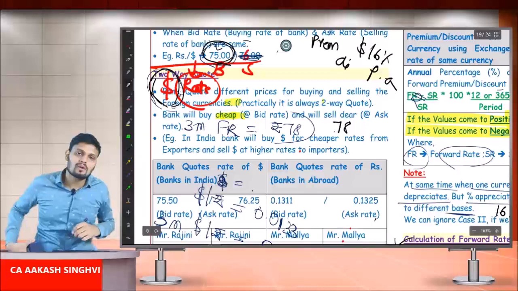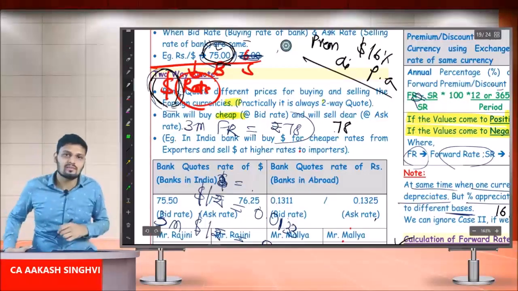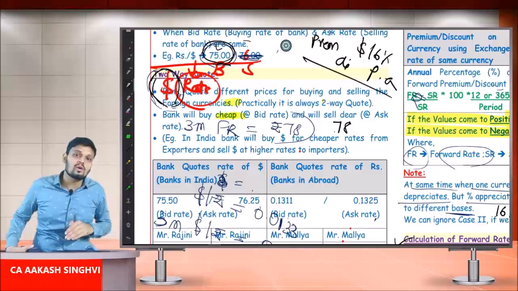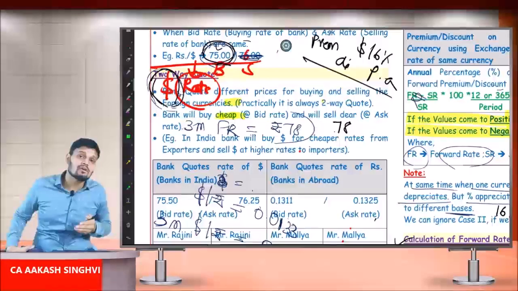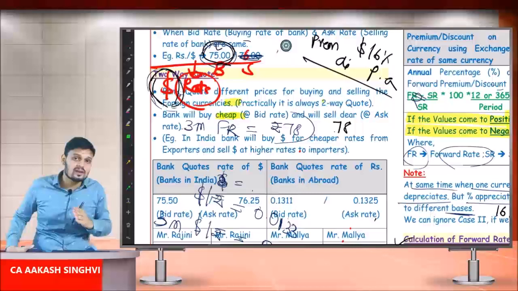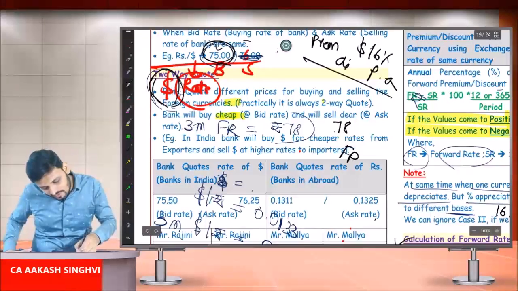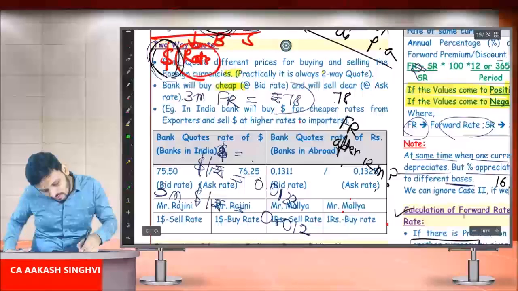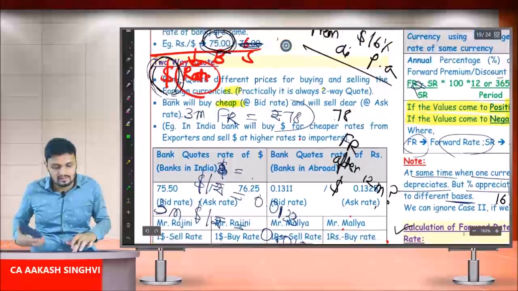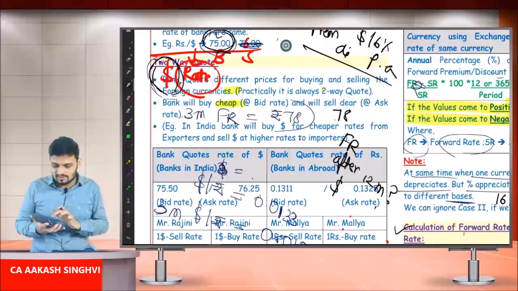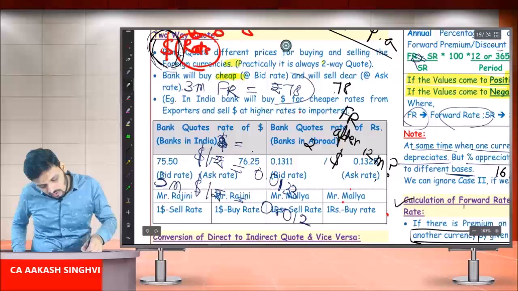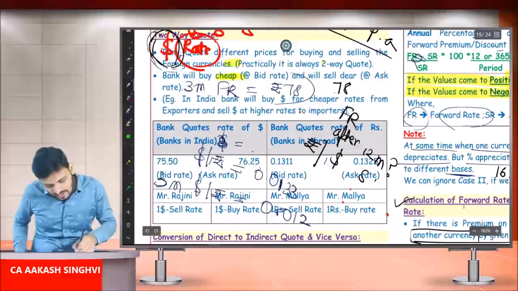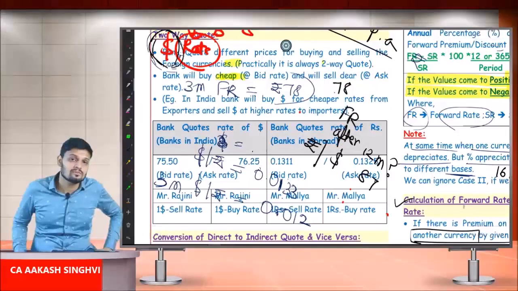That exchange rate of rupee per dollar is 75 and premium on dollar is 16%. These are the only two things they have given. You are supposed to find out forward rate of dollar after 12 months, let us first try to understand. If they have given in the question after 12 months, what is the forward rate? What is the forward rate of dollar? 75 plus 16%, the forward rate of rupee per dollar after 12 months will be 87 rupees per dollar.